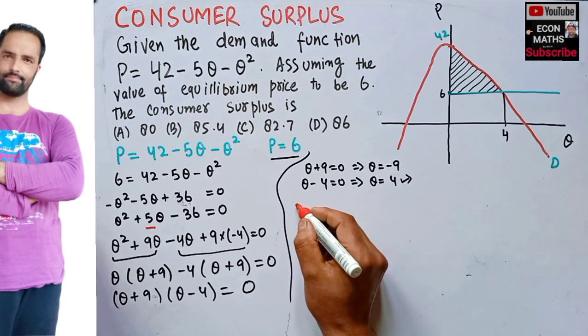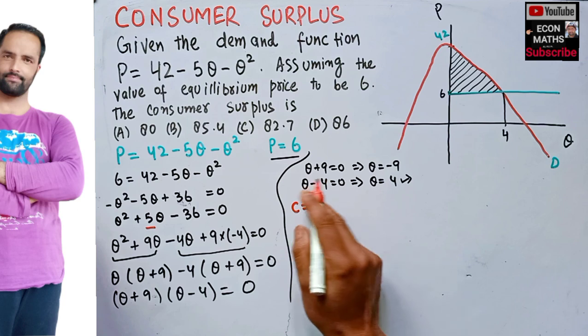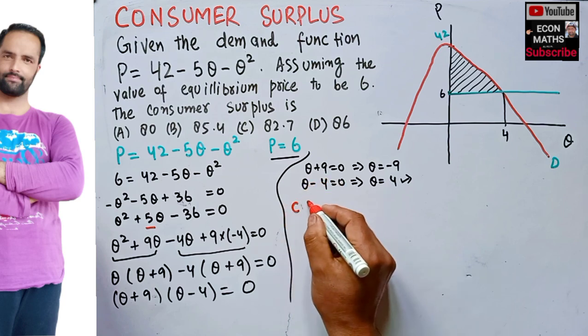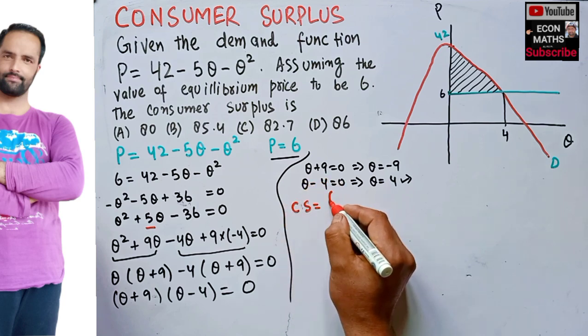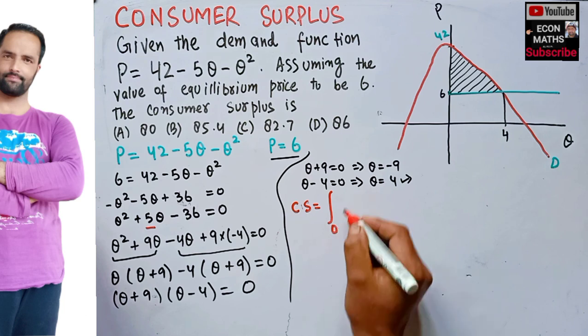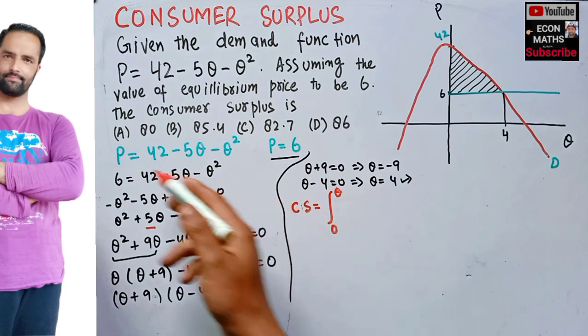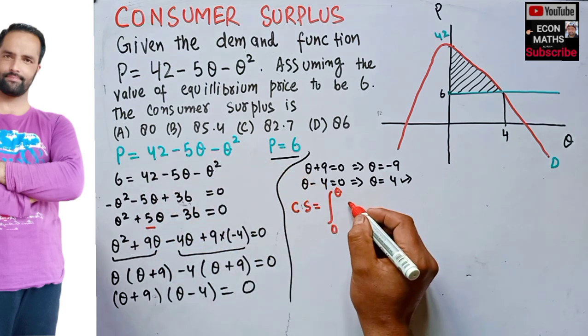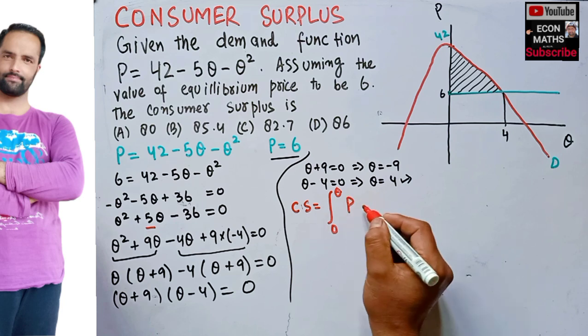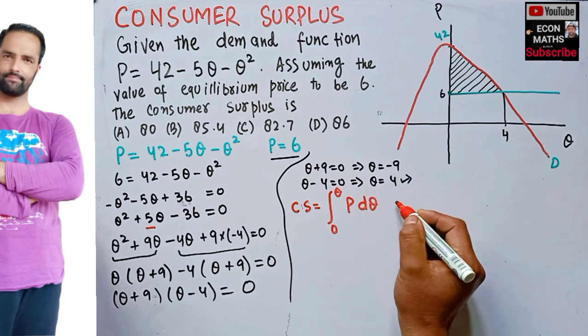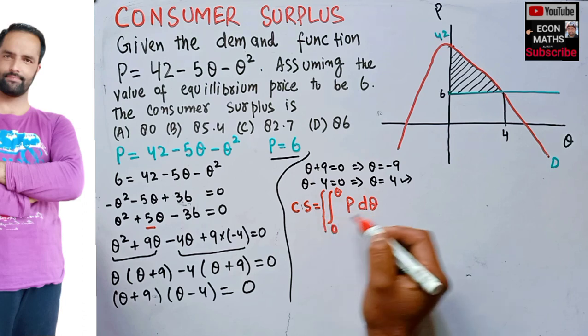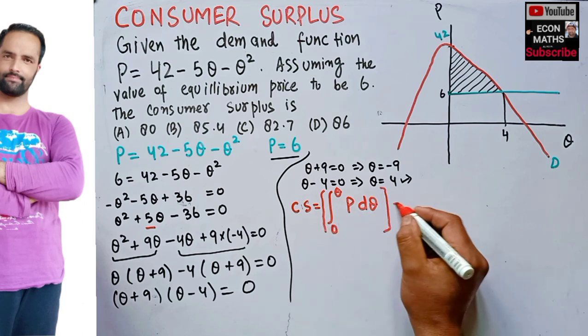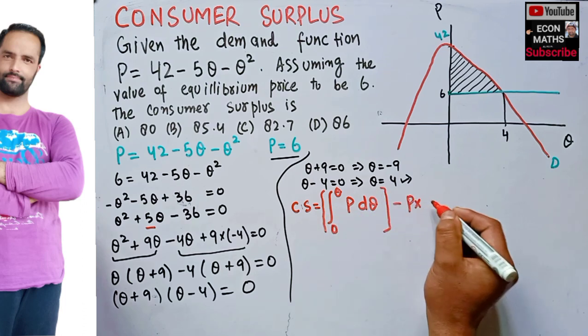Consumer surplus will be equal to the definite integral from 0 to equilibrium quantity of the demand function, that is p dq, and to this we subtract the total expenditure, that is p into q.